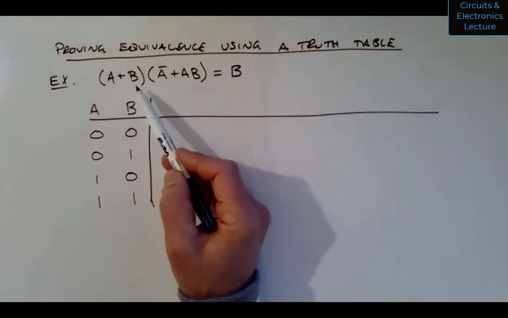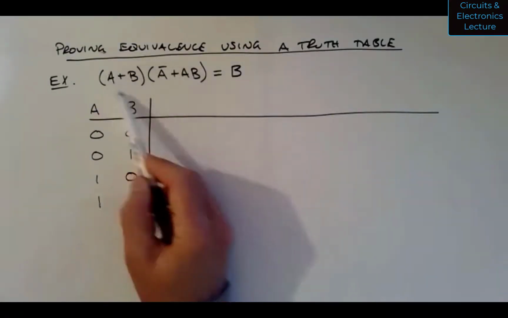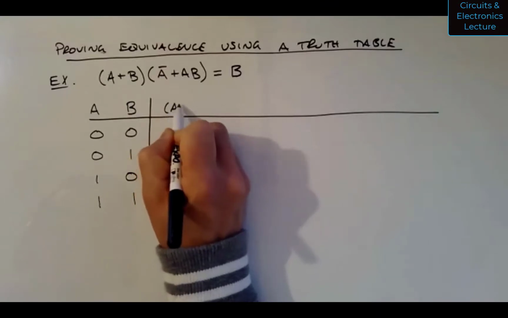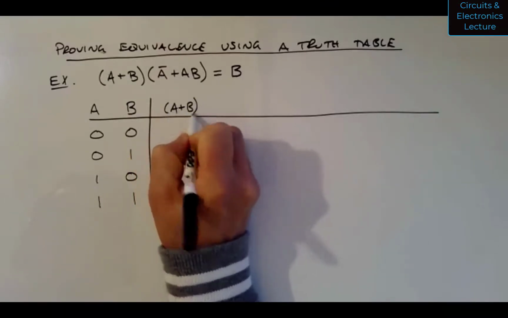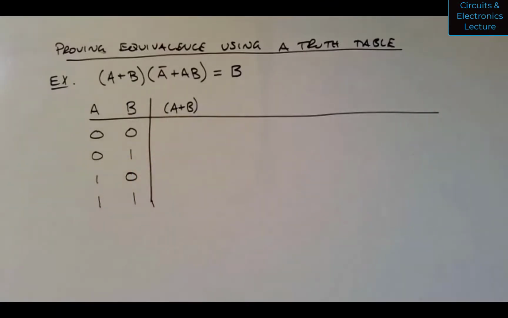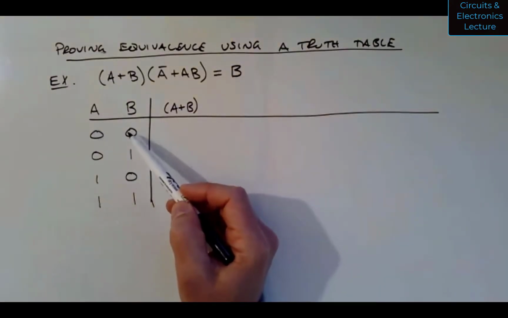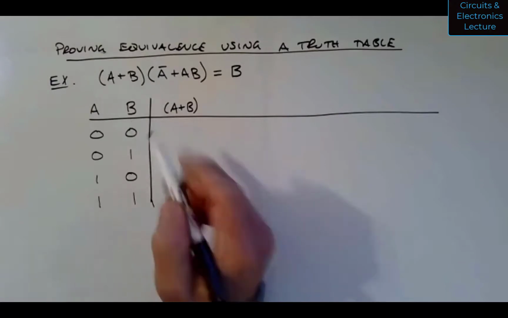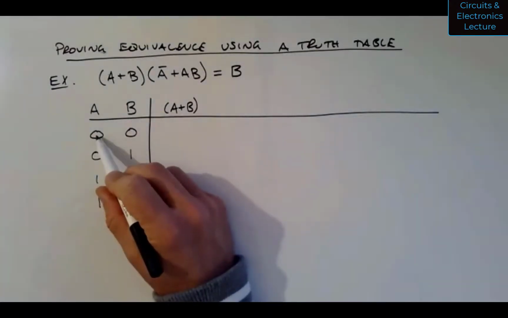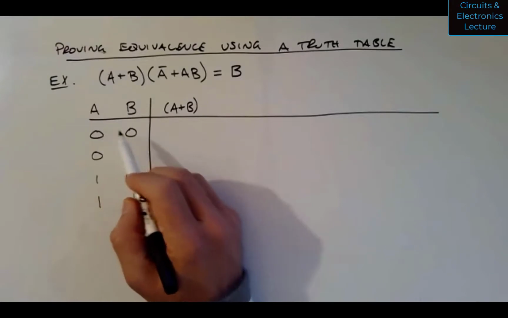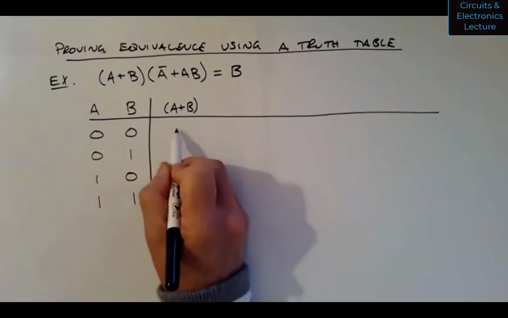Okay, let's start evaluating this expression on the left here. Let's start with A plus B. So let's OR the inputs A and B. If you go back to the truth table, you will see that 0 ORed with 0 is 0, right?